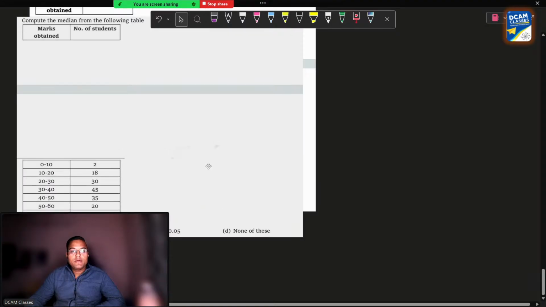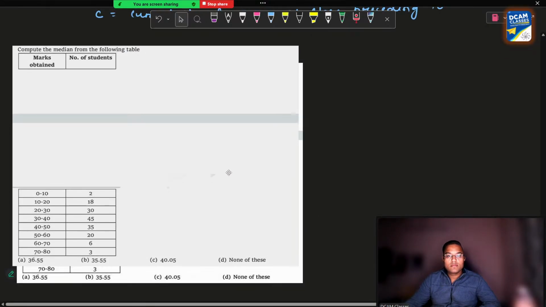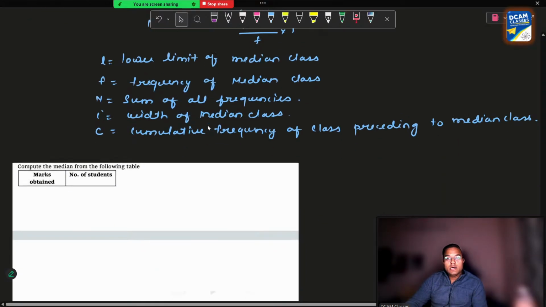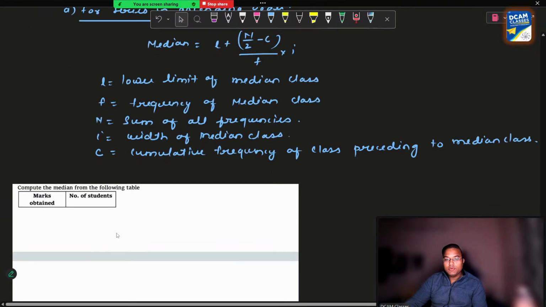Compute the median. We have to compute the median for this. What we have to do, see, it's in ascending order. Same you can do for ascending and descending also.